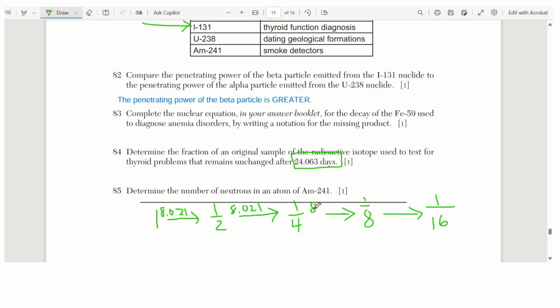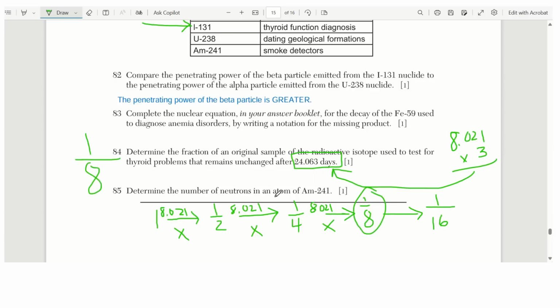And this took another 8.021 days. Aha, that's enough. So 8.021 times 3, right, is going to give me this. So that means this half-life happened, this half-life happened, and this half-life happened. So what fraction remains? 1/8.